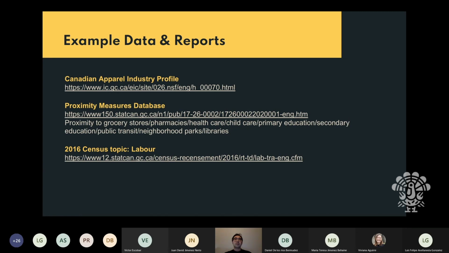I'm going to share my screen there. Okay, let's see, I'm going to switch my sharing. Yeah, Danny, we're still in examples of data and reports. Okay, and I need to reshare it again. Do you see my sharing yet?